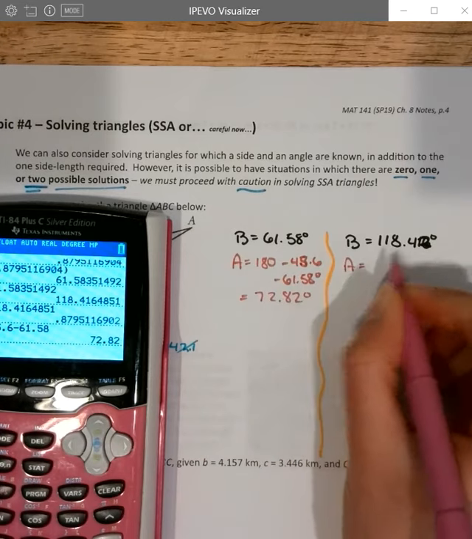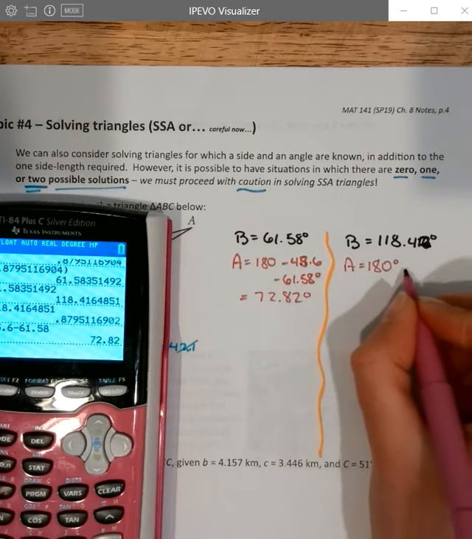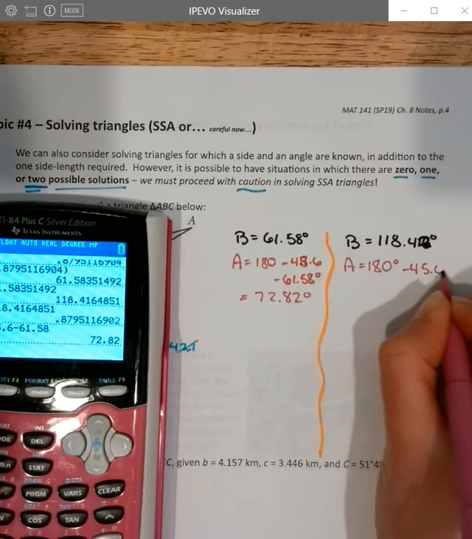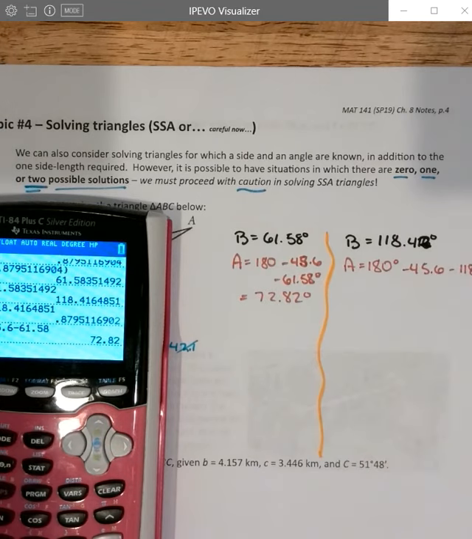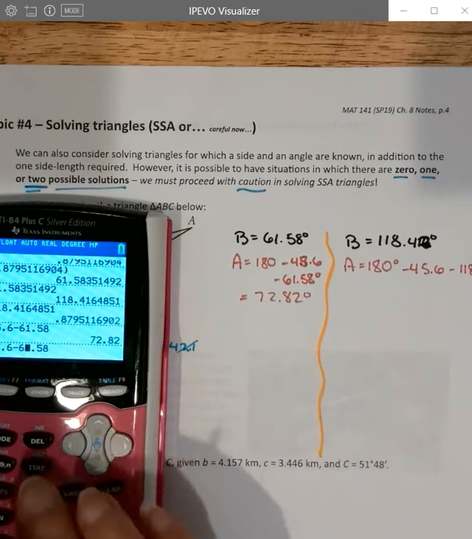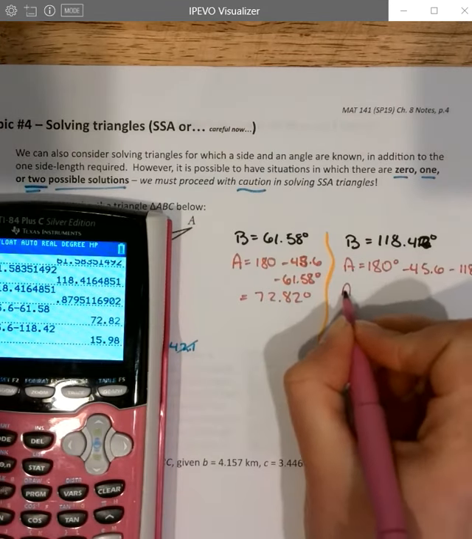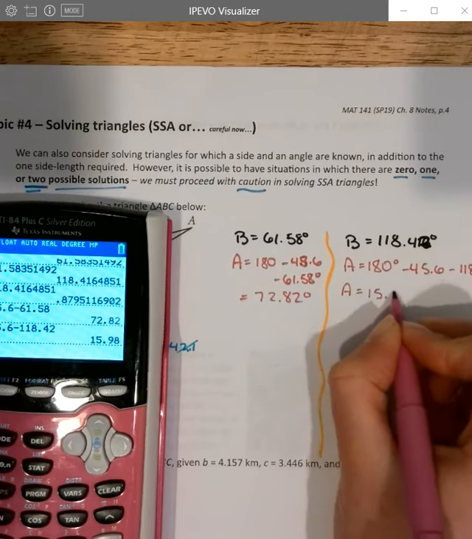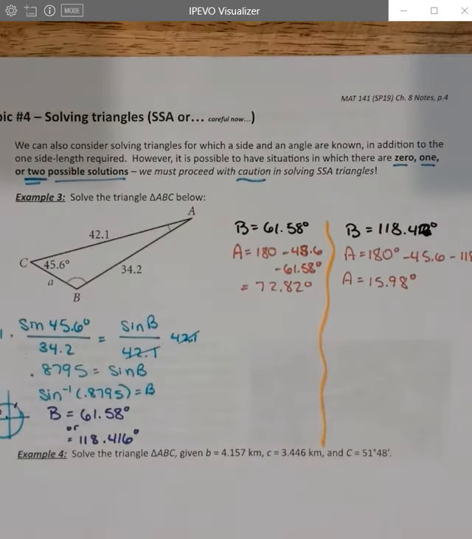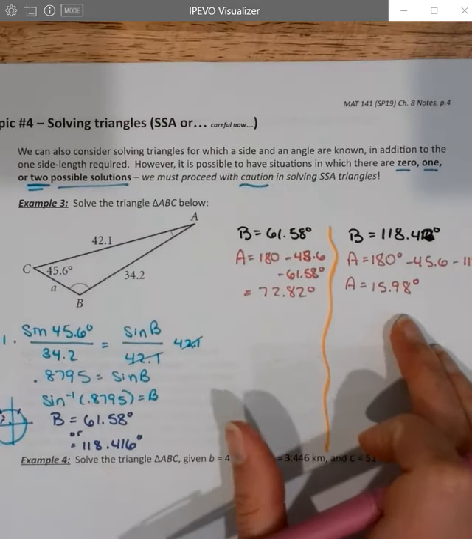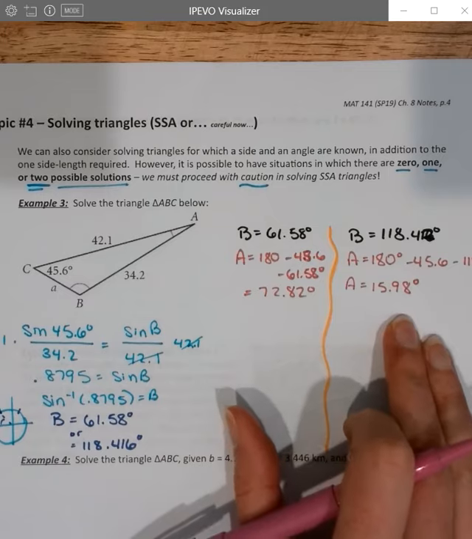Versus if I had a different measure for B, if I take the 180 degrees minus the 45.6 minus the 118.42, this gives us an angle A measure of 15.98 degrees. Okay, so if one of those had come out negative because angle B was just too large to fit inside the triangle, I would know that that one wasn't going to work.